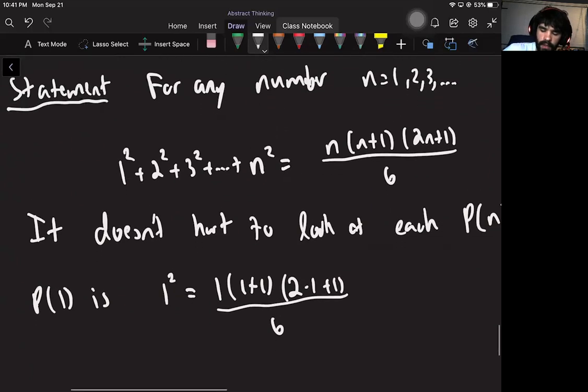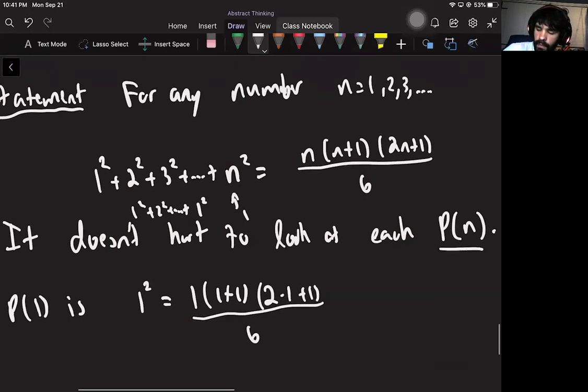So people often get confused when there's not enough numbers, because what they'll do is they'll say, I have to plug in 1 here. So they'll do something like 1 squared plus 2 squared plus dot dot dot plus, and then they'll end with a 1 squared. Because they see an n, they want to plug 1 into that n, because that is what it sort of looks like here.